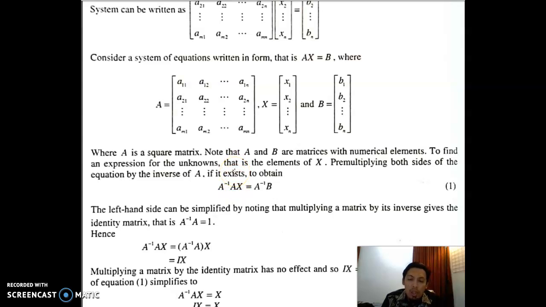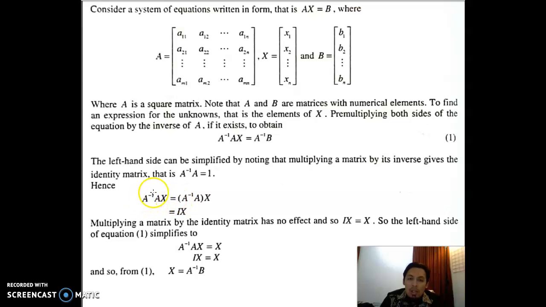That is how we prove that it is the inverse, right? If you multiply the inverse with A and you get the identity, that means that matrix is the inverse of A. So if A inverse times A gives you the identity matrix, which is also like 1, right?